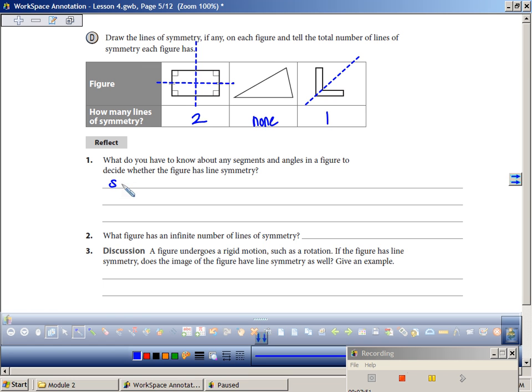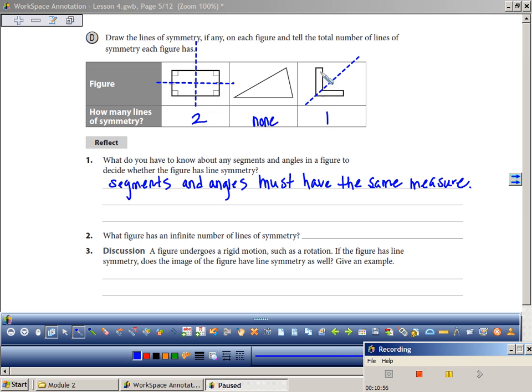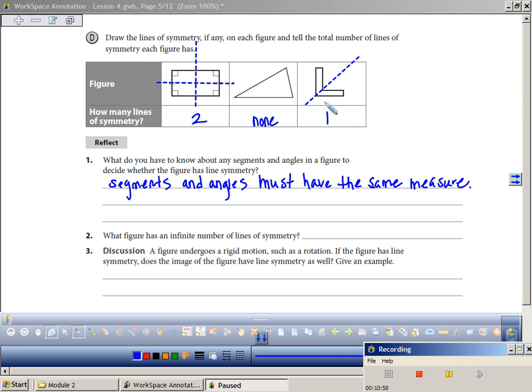So segments and angles must have the same measure. So what about this one? Does this one have angles and segment measures that are the same?